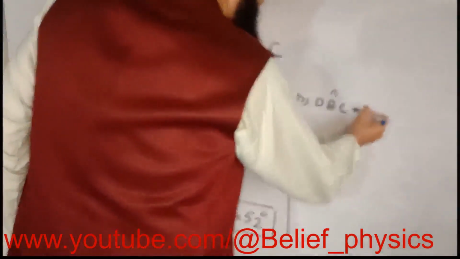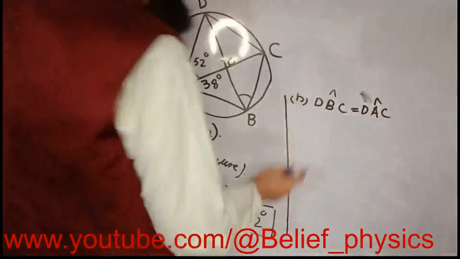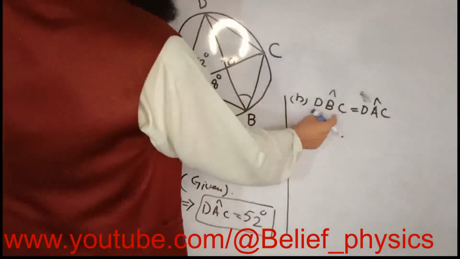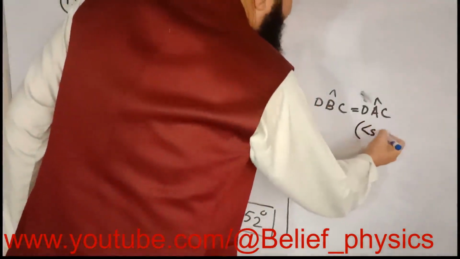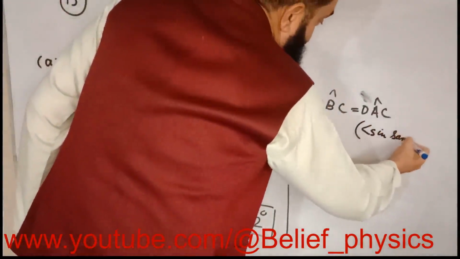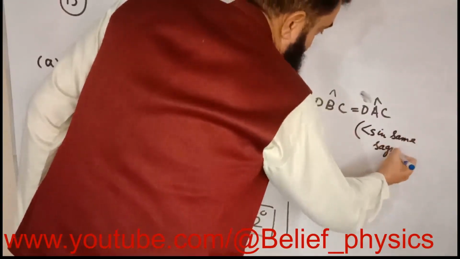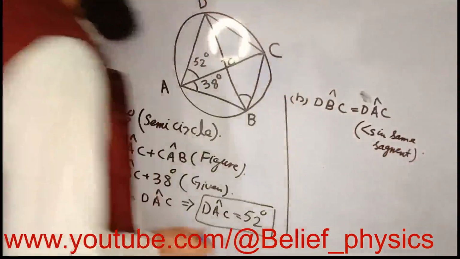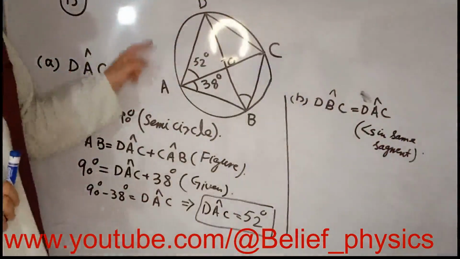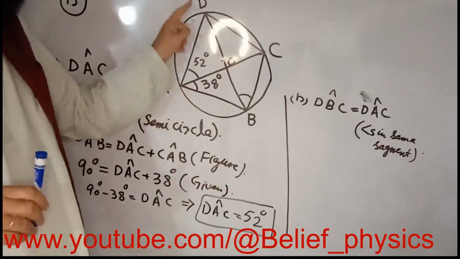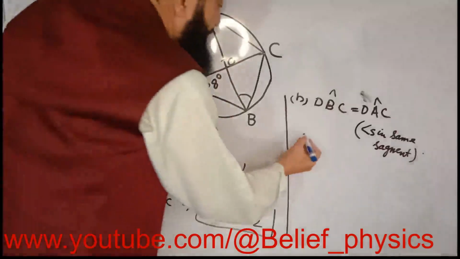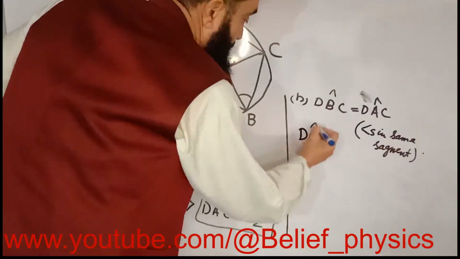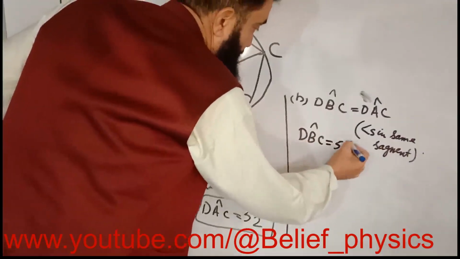Both are in the same segment, subtended by the same arc, so the reason is angle in the same segment. Therefore DAC is equal to DBC, and we know that DAC is 52 degrees. Therefore DBC will also be equal to 52 degrees.